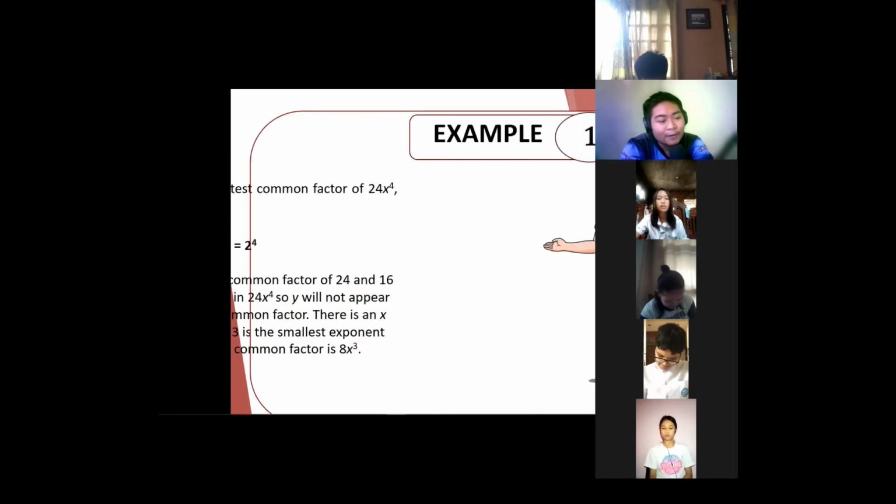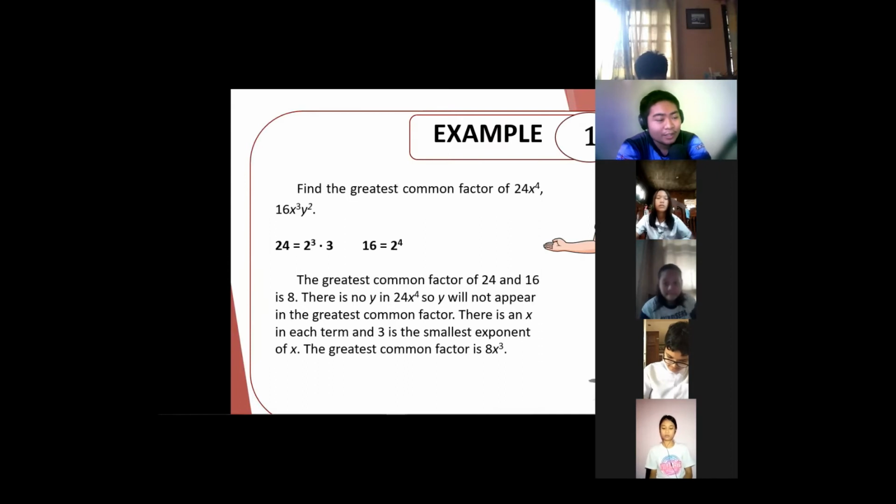So for example, find the greatest common factor of 24x raised to 4 and 16x cubed y squared. By listing, we have 24 and 16. Can you still remember the factors?